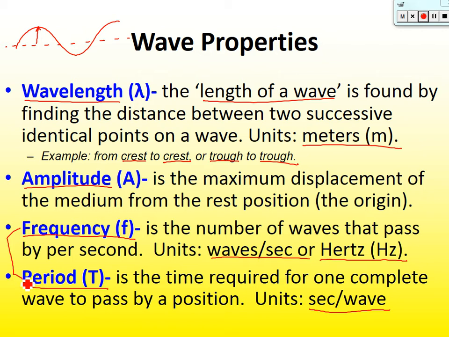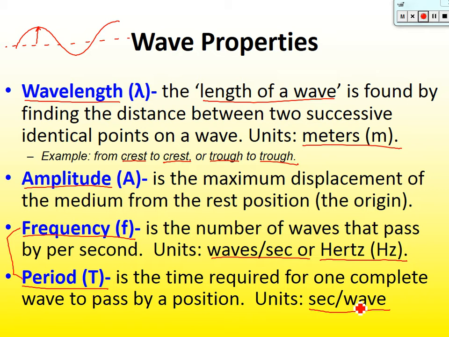Look at their units. How do they relate? They're opposites or they're inverses. Aren't they the inverse of each other? If you see here, frequency is waves per second, period is seconds per wave. So if you found one, did you find the other one already, basically? Yeah, you just take the inverse of it.